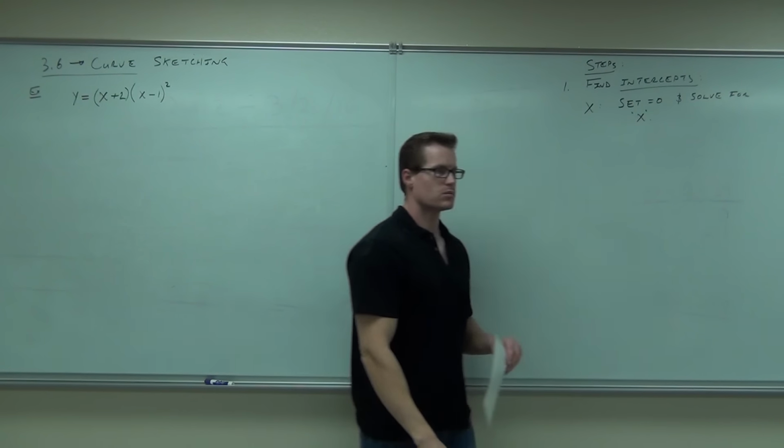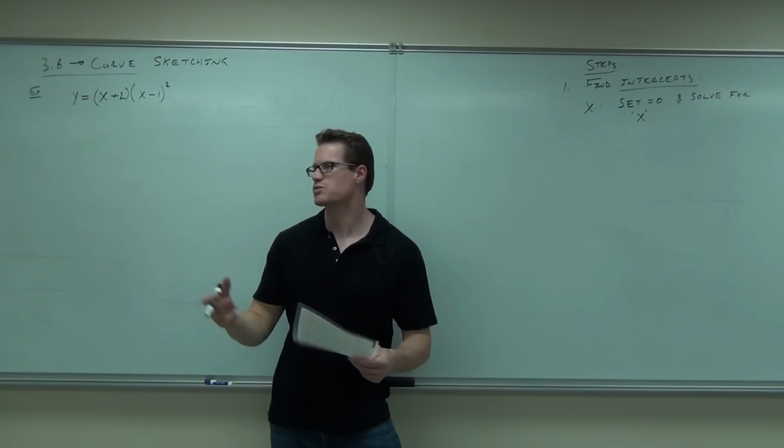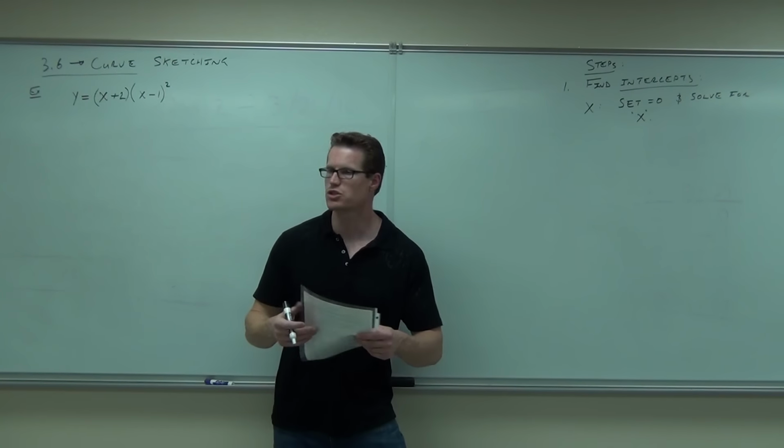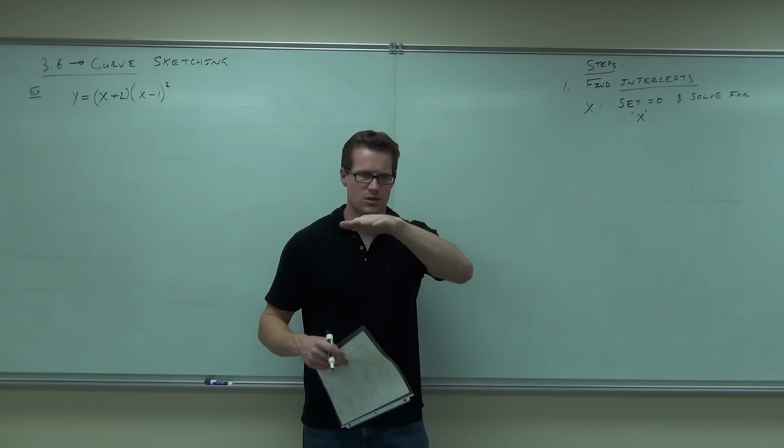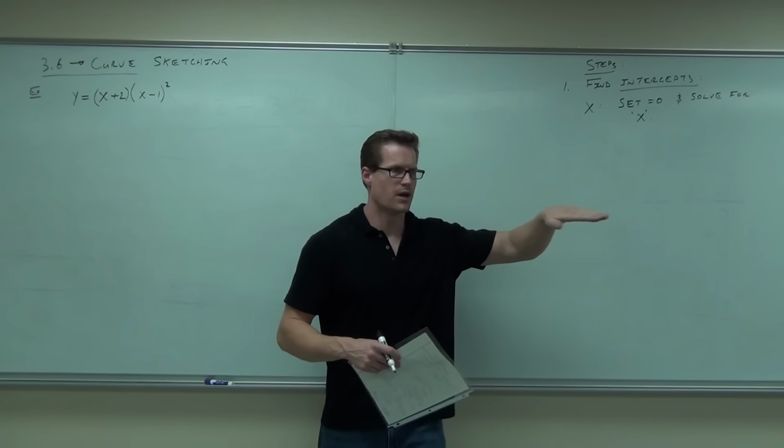You set it equal to 0, you solve for x. That's going to give you any roots. That's what a root was, right? When you set the function equal to 0 and you solve for x, you're finding out where it's crossing the x-axis. That's the whole exact idea. Should make sense, right? Because if you set y equal to 0, you're going to find out everywhere you cross that x-axis.